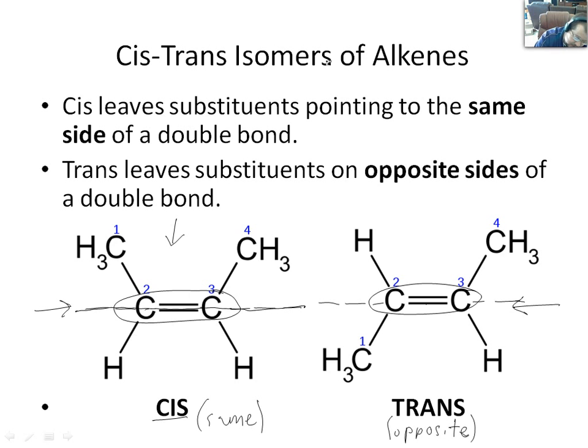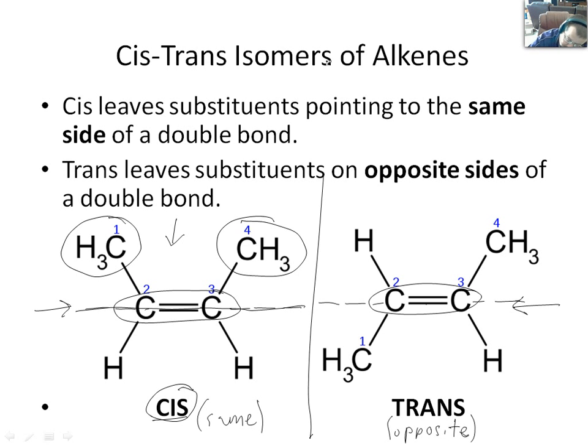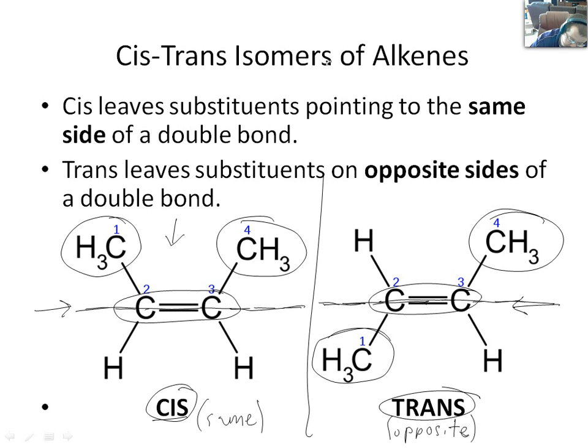The two large groups that are coming off of that double bond are on the same side. So we consider this cis, or same side. If you look at the trans molecule, the molecule to the right, we drew that same little wall in along the length of the double bond, and the big groups, the CH3 groups, are on opposite sides. That's why we're looking at trans here.